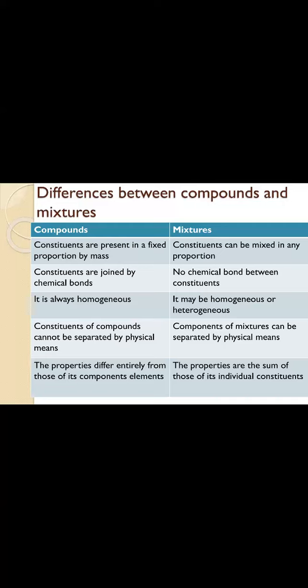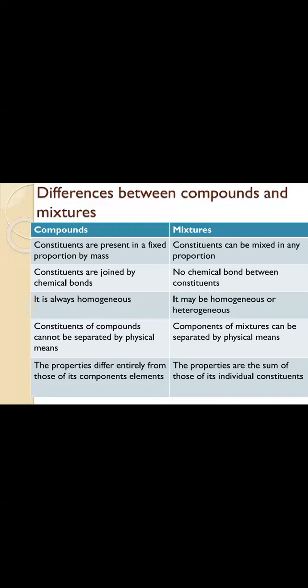We also have constituents of compounds. Another difference: constituents of compounds cannot be separated by physical means. That is, you can't just separate the constituents of a compound by physical means. Sodium chloride, you can't separate it by physical means. But mixtures can be separated by physical means.